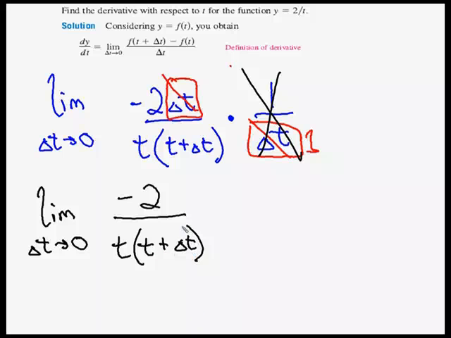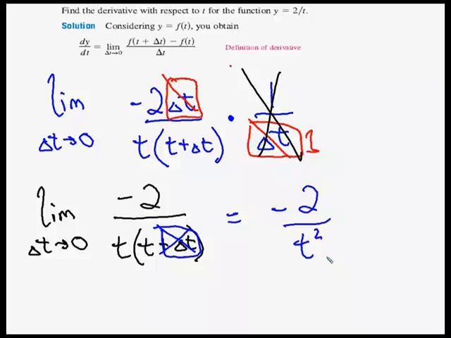The delta t is still in the denominator, but it's not alone. There's some other stuff down there. So as we apply the limit, let delta t go to 0. This becomes a 0. t plus 0 is just t. So now down here we have t times t, and t times t is t squared. So we get minus 2 over t squared.